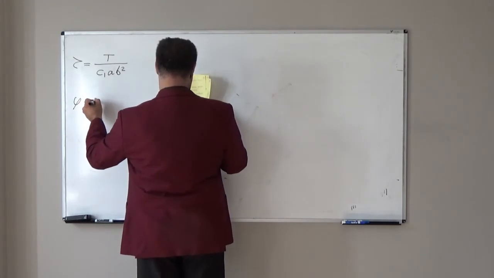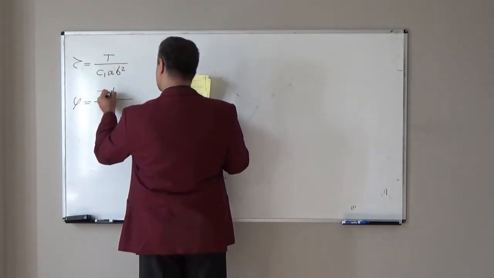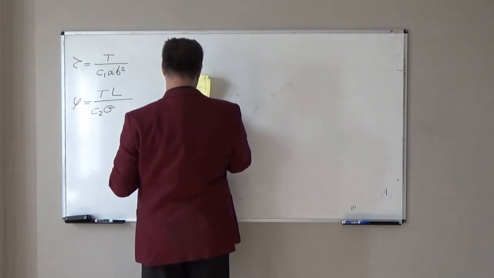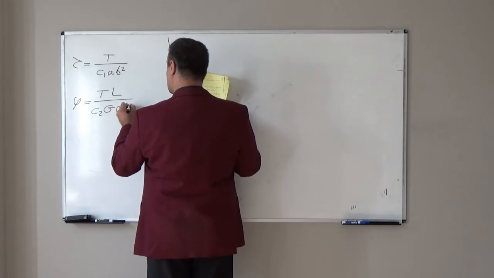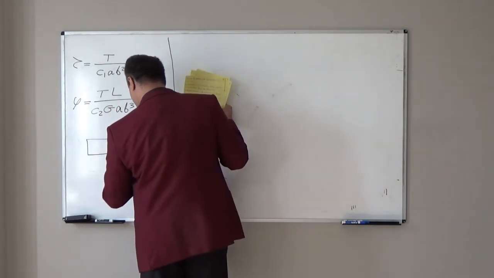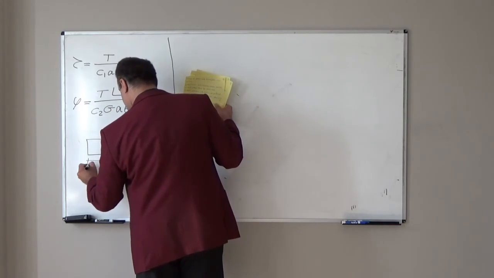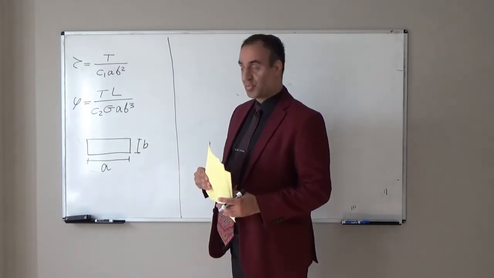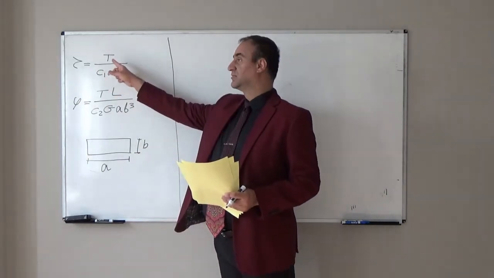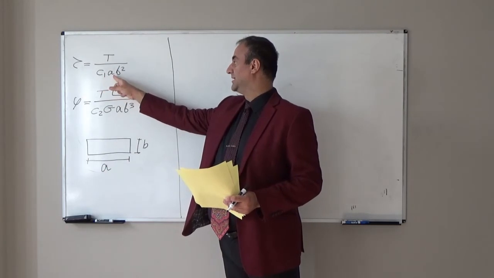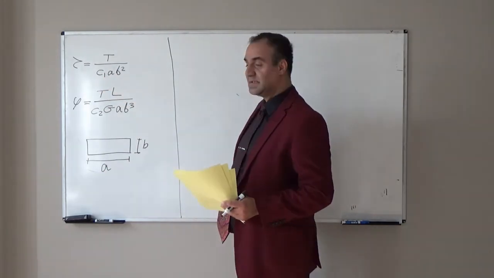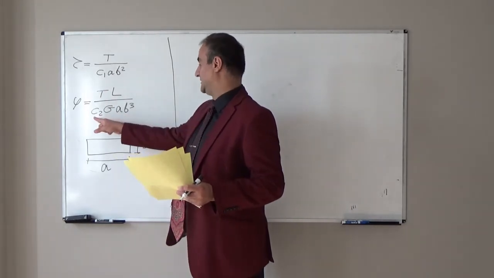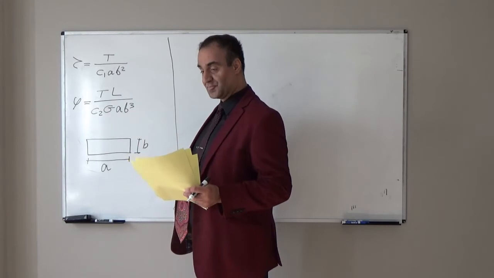Phi is equal to T L over C2 G A B cubed. So if we apply torque, the shear stress is equal to torque divided by C1 AB squared, and phi, the twist angle, is equal to T times L divided by C2 G A B cubed.